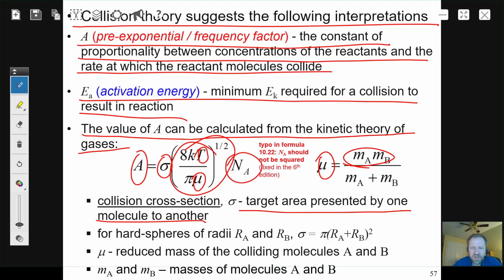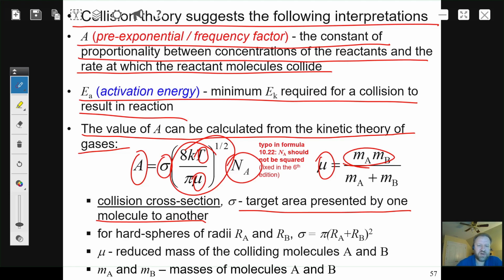Now, make a note that in this formula, which is numbered 10.21 in the 5th edition of the textbook, the square root is squared in the 5th edition, and it should not be squared. But it has of course been fixed in the 6th edition, and I believe in the 7th edition as well.